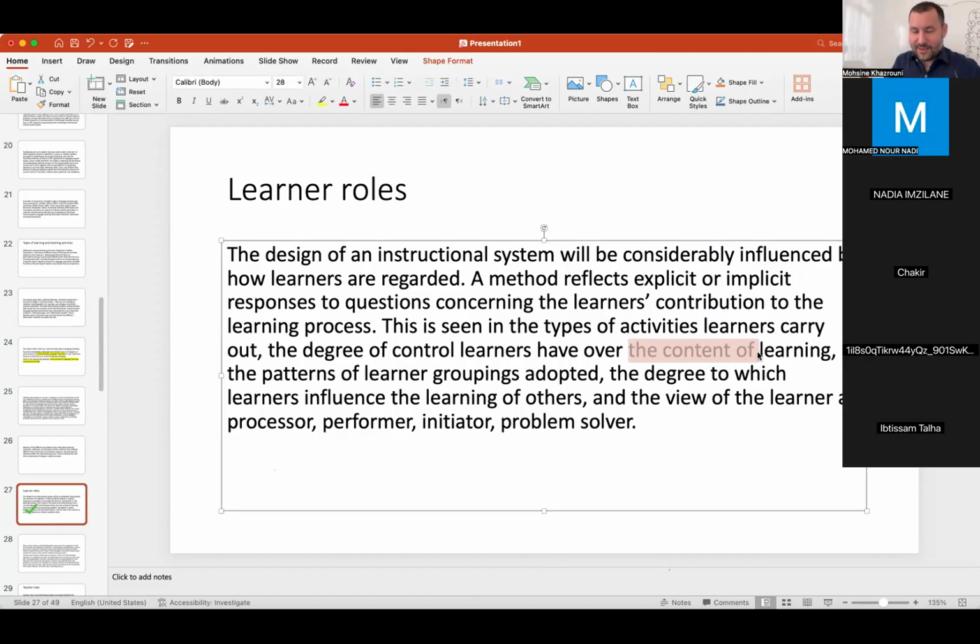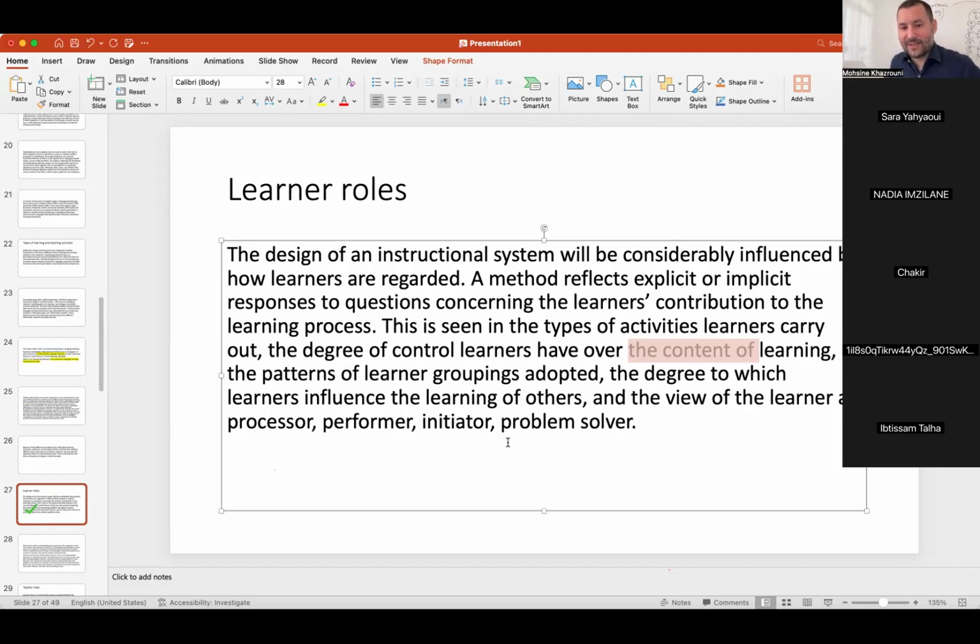To me, I think so. I think we should listen to the learners, their interests, their needs, and then we can have the content. Not only the teachers who can decide all the time. You give more freedom to learners.